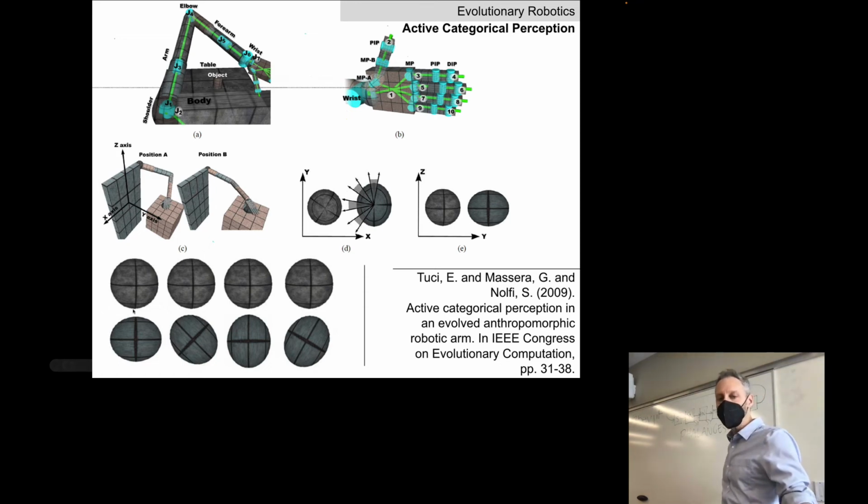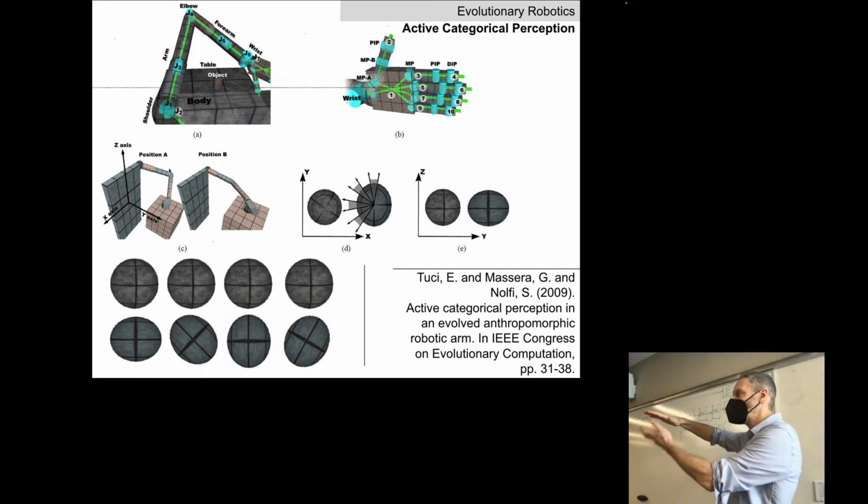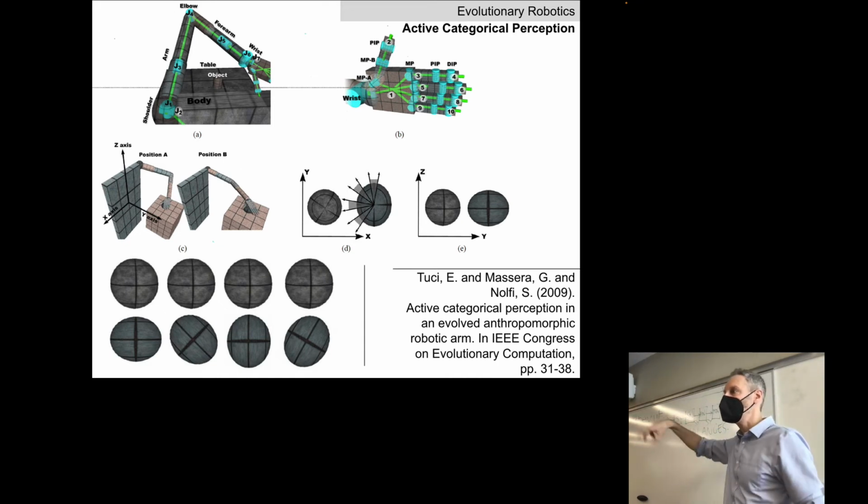We are going to take these 8 objects, and we're going to place each of these 8 objects under the robot's palm and place the arm in initial position A. So we're going to place the robot in position A, put the first of these 8 objects under its palm, and then allow the CTRNN to do its thing. Put the arm back to position A, put the second object underneath the robot's palm, and allow it to do its thing.